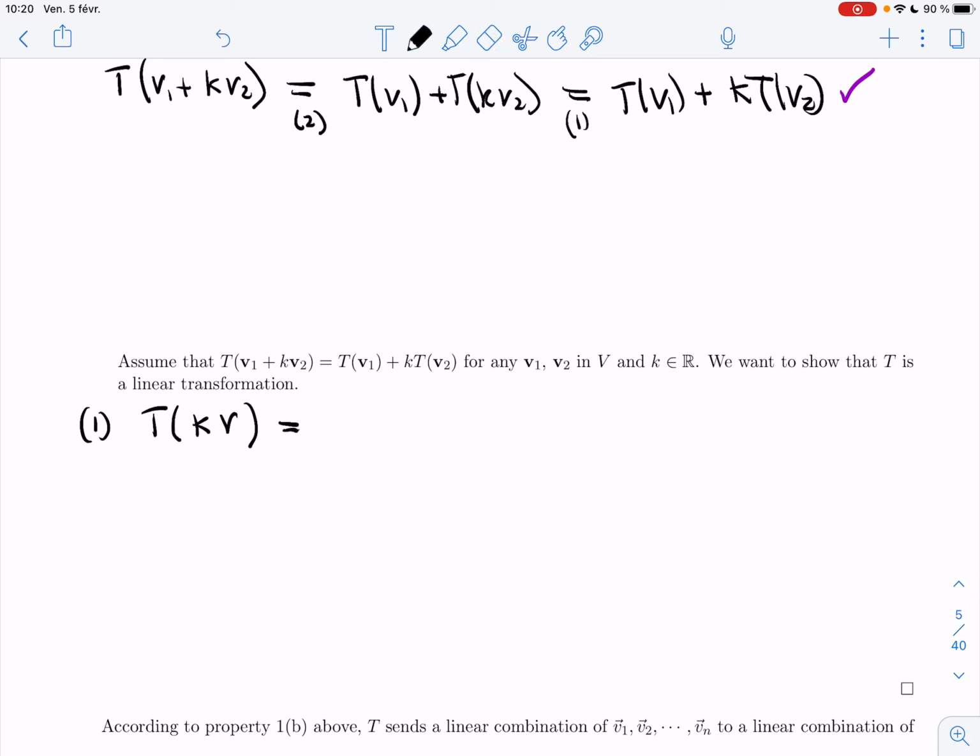I'm going to write this as T of 0v plus kv. All right, so adding the 0 doesn't change the value, so these two are the same by axiom 4. But now I have something that looks like this, so I'll be able to split it. So it's going to give me T of 0v plus k T of v, and this is by star.